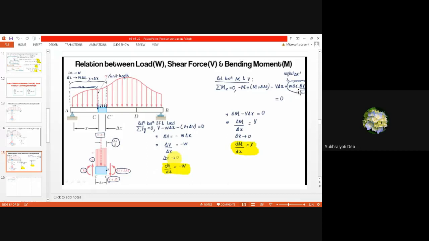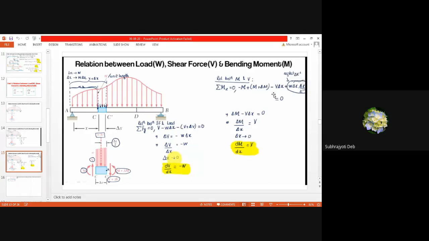Now see this last portion. If we multiply delta X into delta X, that will give you delta X square. Delta X is a very small quantity, and if you multiply one small quantity into another small quantity, it will give you a very small quantity. So we can neglect this portion.